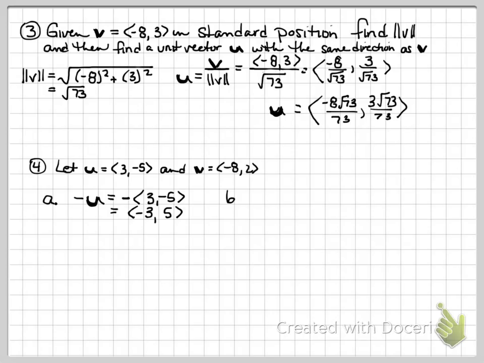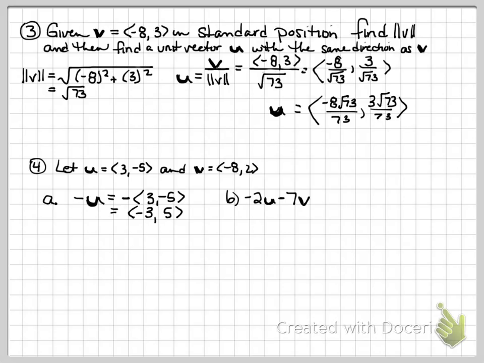Part B has negative 2u, plus, or excuse me, minus 7v. Well, I know u is <3, -5>.